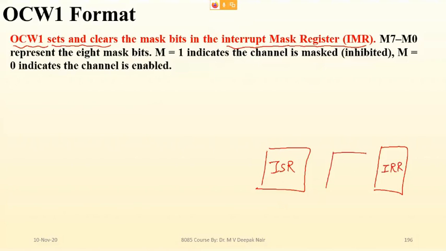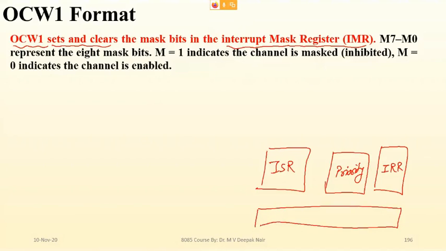Then you have in between a priority checker kind of thing, and in the bottom you have the IMR, interrupt mask register. In this register you will have the information about which of the interrupts are being masked.